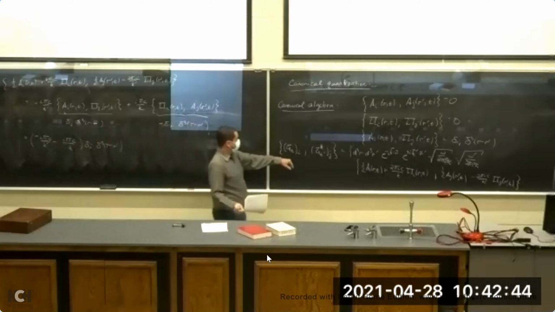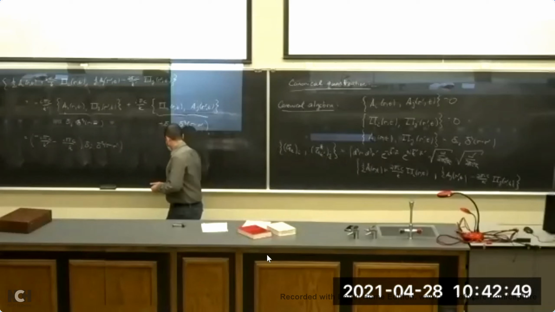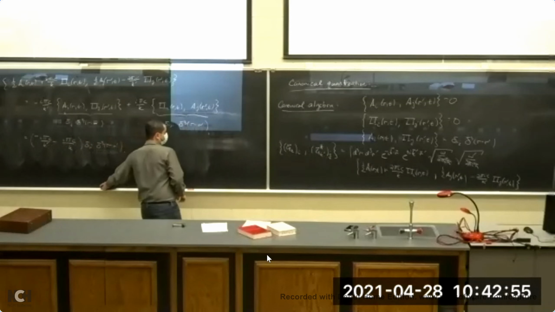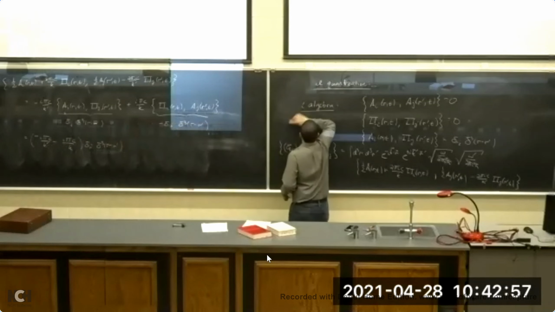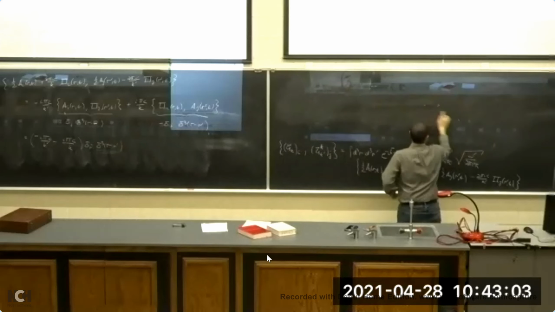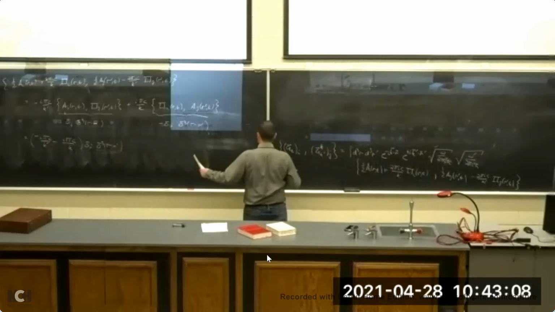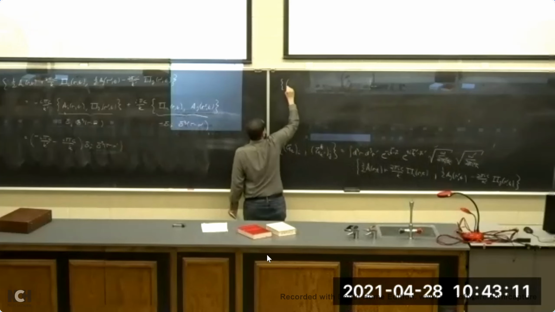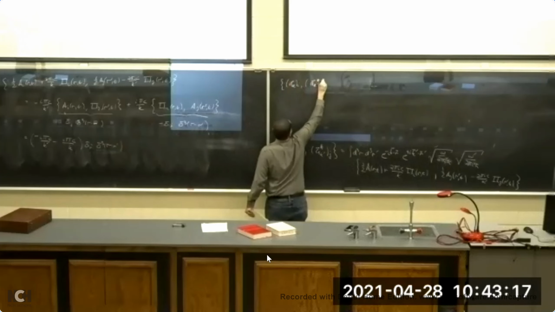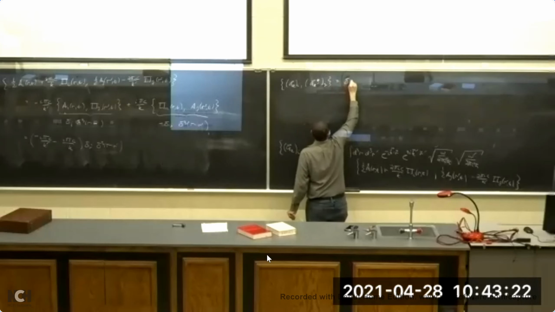I plug it back in, and just like before, I have two integrals, r and r prime, and I've got a delta function. The delta function is going to kill the integrals down to 1. So what I get when I plug it back in and utilize that delta function, Poisson bracket of a sub k component i with a sub k prime star component j, is we've got a delta ij hanging out up front.